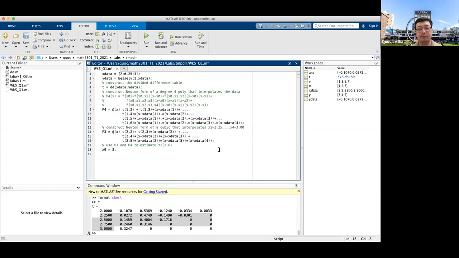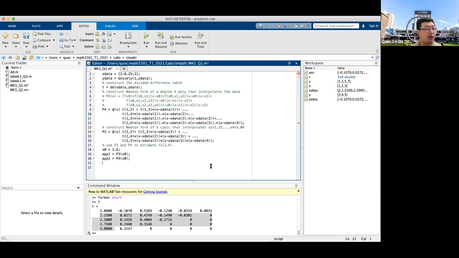Then the approximation 1 will be P3 at X0. I just evaluate the polynomial at the point I want. And approximation 2 will be P4 at X0.